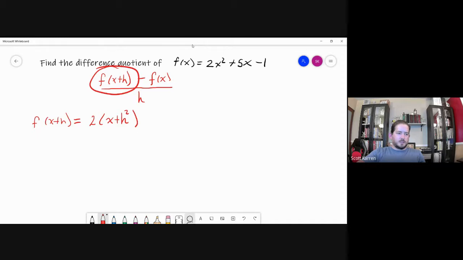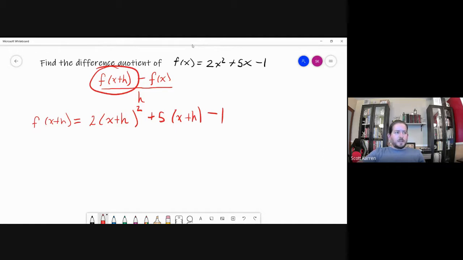Oops, my squared goes here. Plus 5 times x plus h minus 1. I'm going to take the time to simplify this because I'm going to end up simplifying everything in the end.